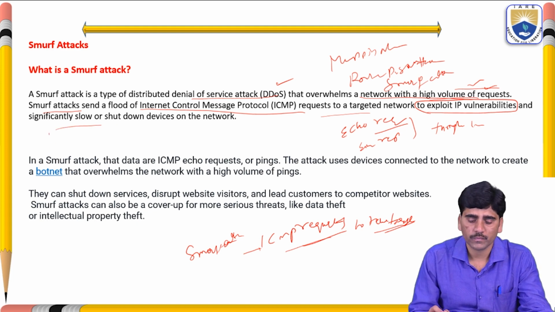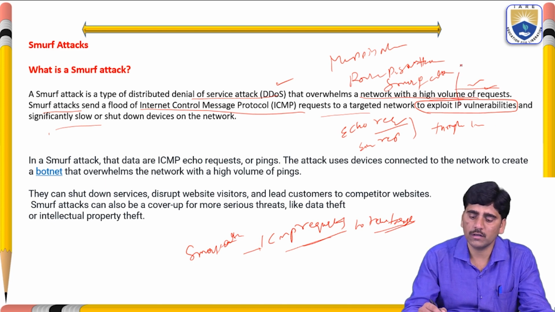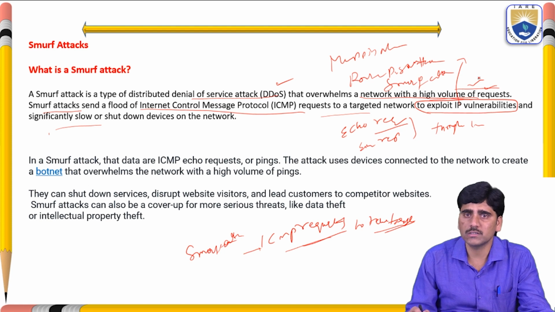So what is the main importance of the Smurf attack? It targets the network and the system to exploit IP vulnerabilities, that is, the loopholes that give a chance to attack the target system.